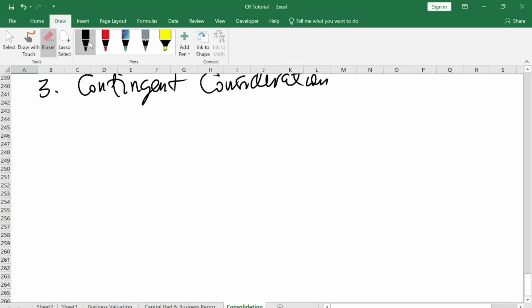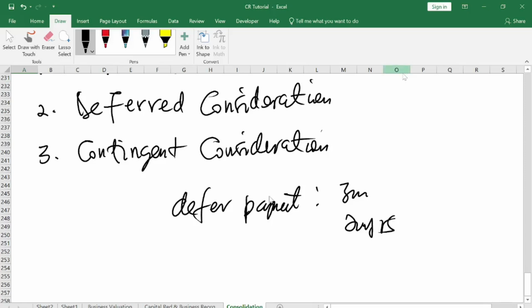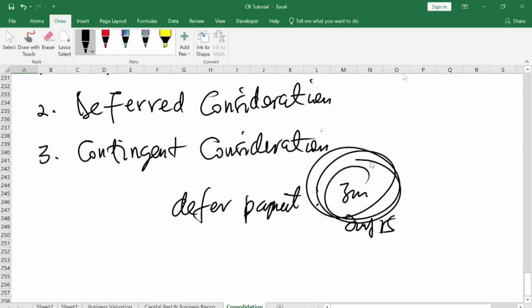With regards to contingent consideration and deferred consideration, we will have a lot of things to talk about, especially when you have deferred payment to make. Say you have maybe 3 million to pay as the cost of the business in 2 years. How do you deal with this 3 million?